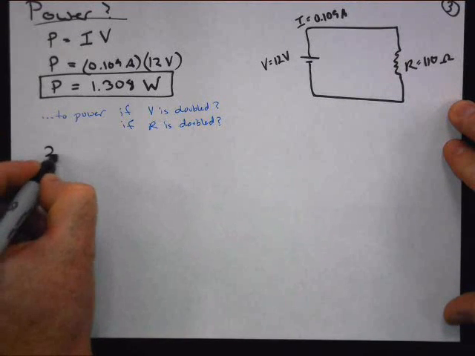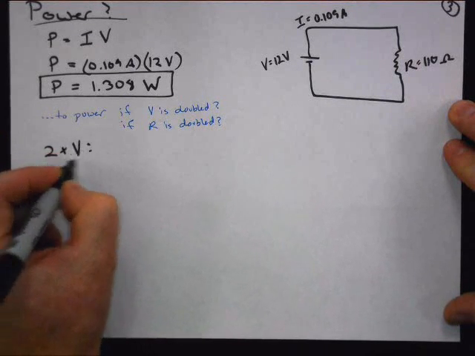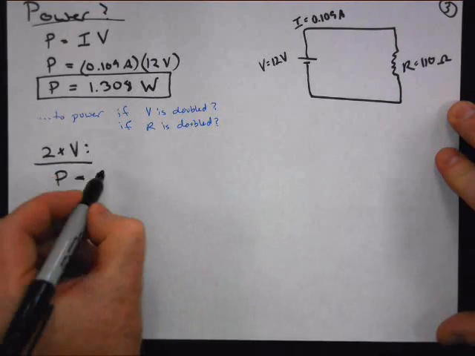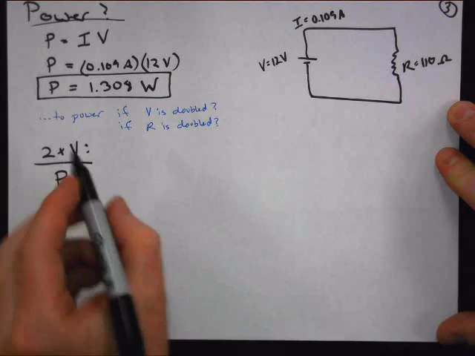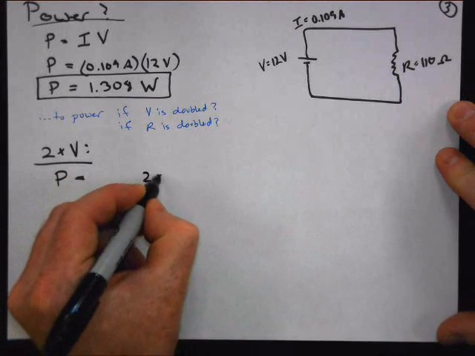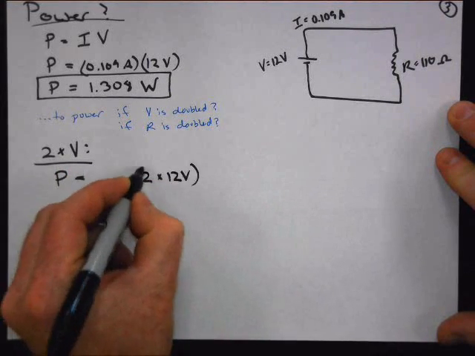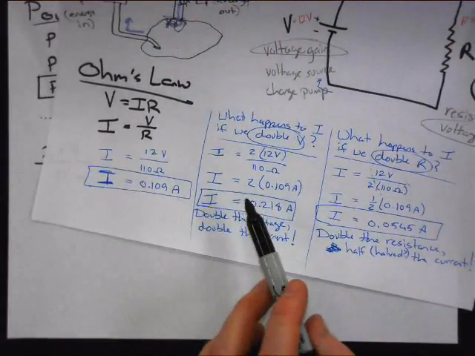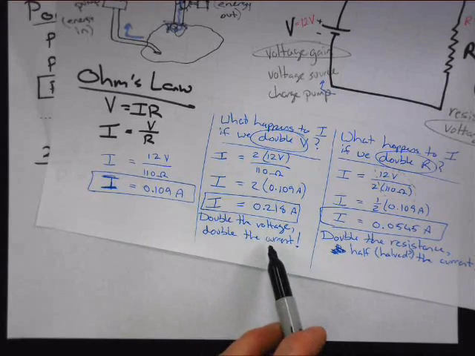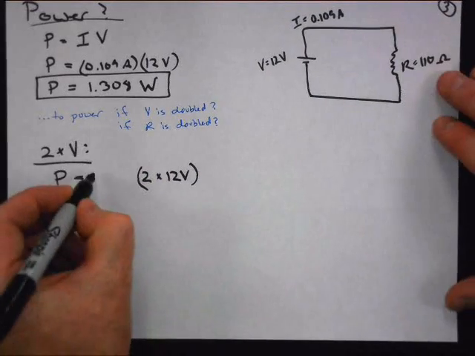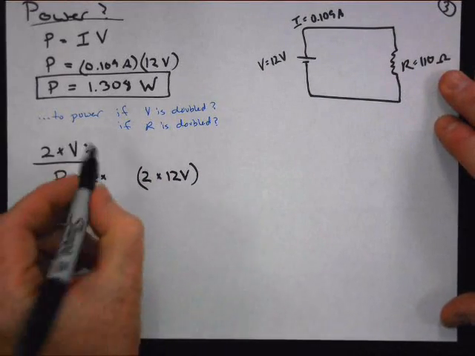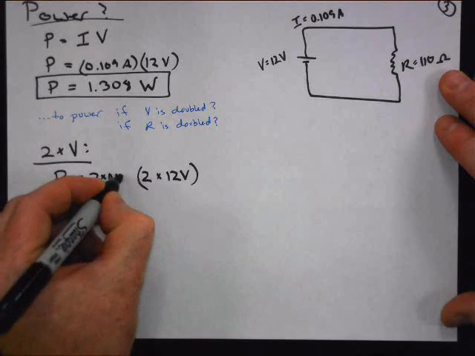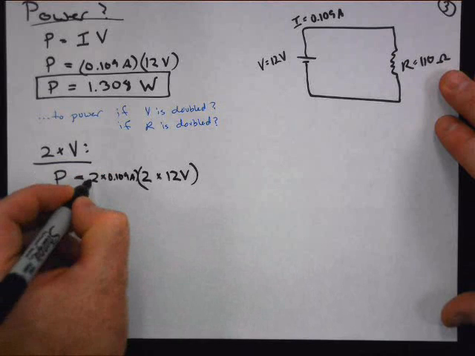If we have 2 times the voltage, the power is now going to be my voltage, 2 times 12 volts, I'm doubling that. But when I did that, I got twice the current also. So I got twice my 0.109 amps.